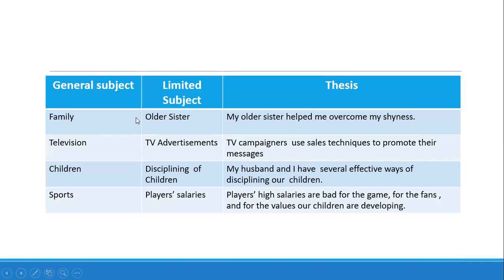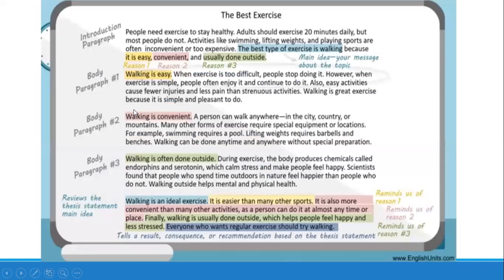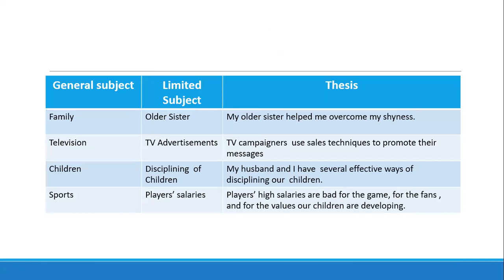Look at this. General subject. Okay. So I ask you, tell me something about your family, or if you're writing a thesis statement about your family, what should you write? So this is general. You have to think of the specific point of that topic.